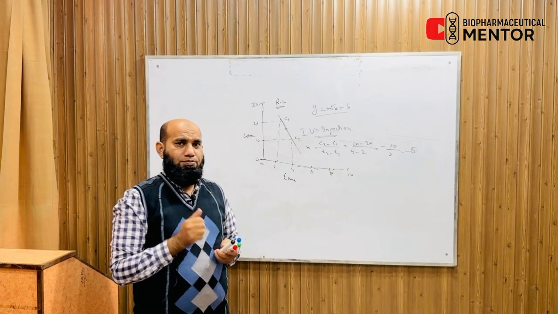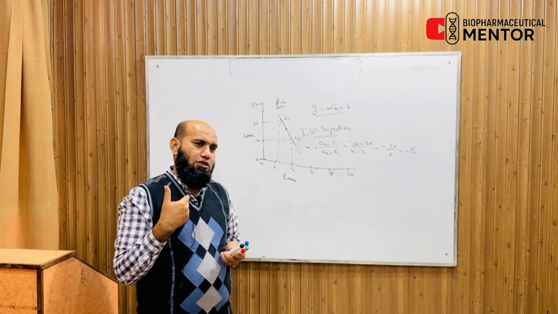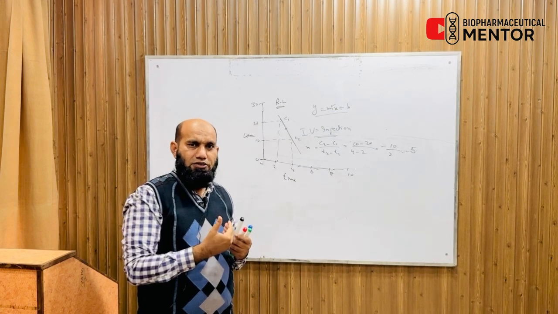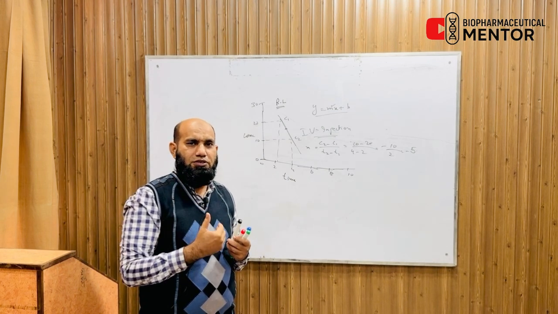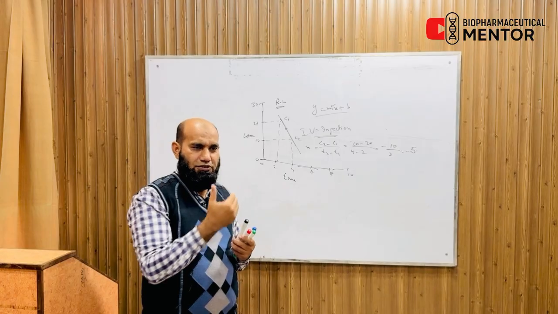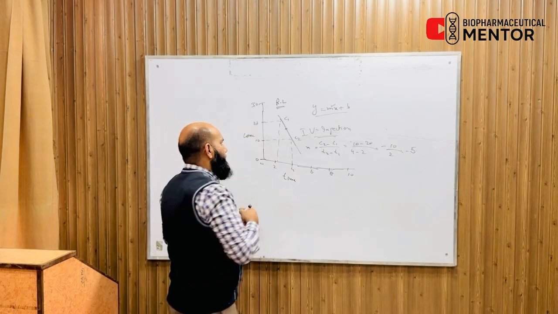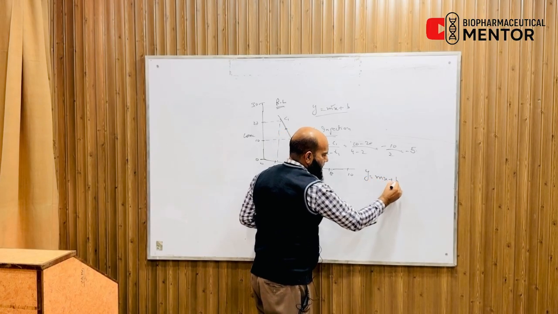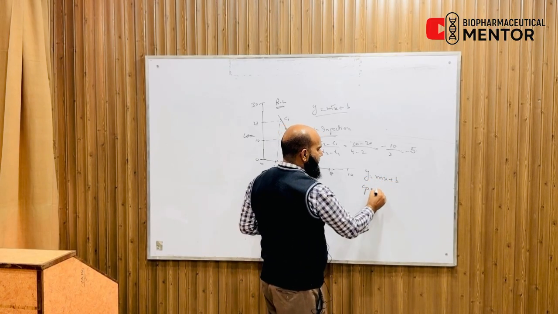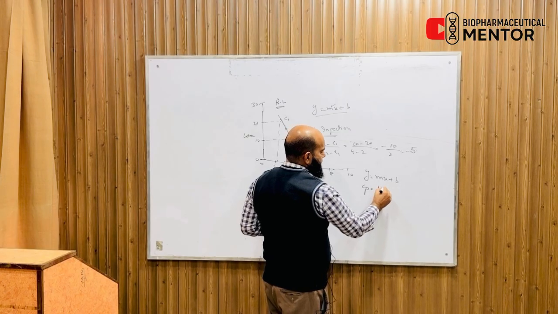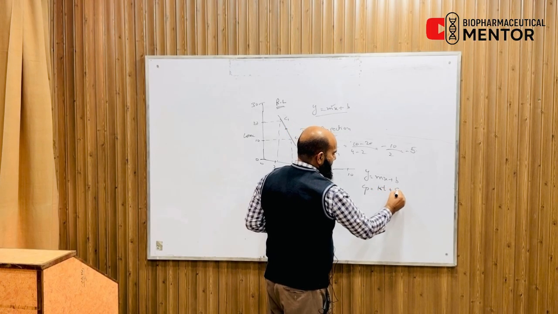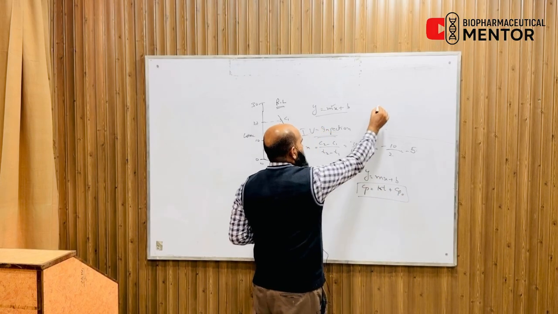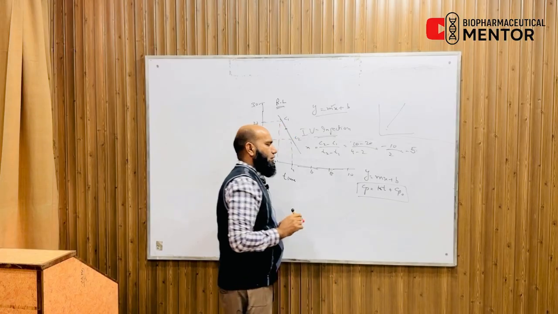But our basic concept is how we can calculate the half-life from this data. The data is zero order. We have to construct the rectilinear graph, and it would be a straight line. Now our equation, if we have y is equal to mx plus b, is actually Cp is equal to kt plus Cp naught in the case of this type of data.